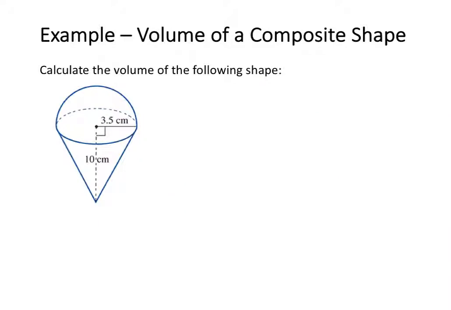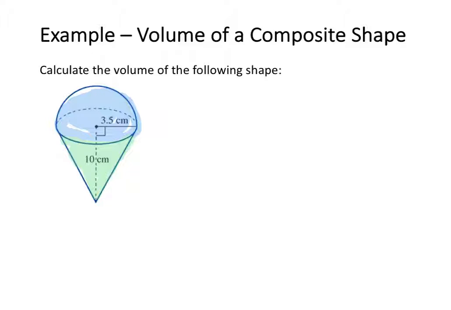So in the second example, I want to calculate the volume of the shape shown. So the first step I need to do is to break that into smaller individual shapes. And for this one, I can break it into a semisphere up the top and a cone down the bottom.